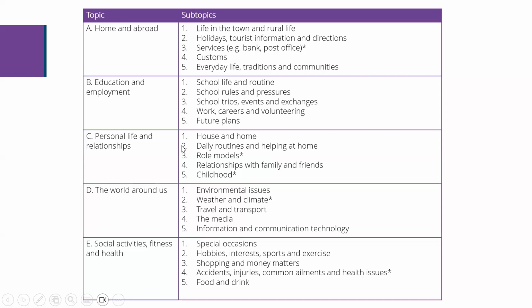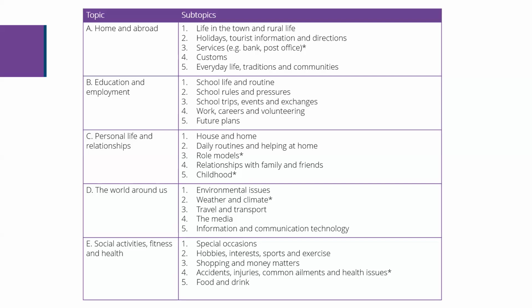Now, if we just begin to think a bit about topic content, the topic content is organized into these 5 overarching themes, which are home and abroad, education and employment, personal life and relationships, the world around us, and social activities, fitness and health.